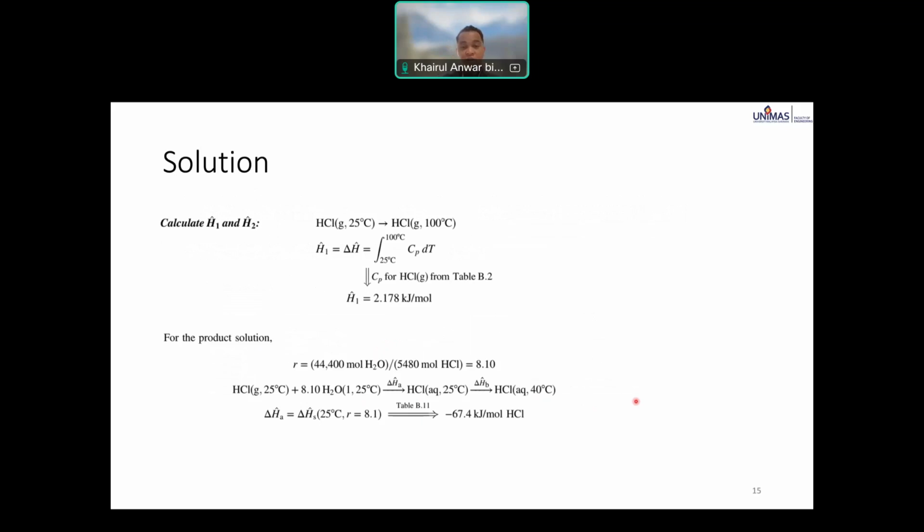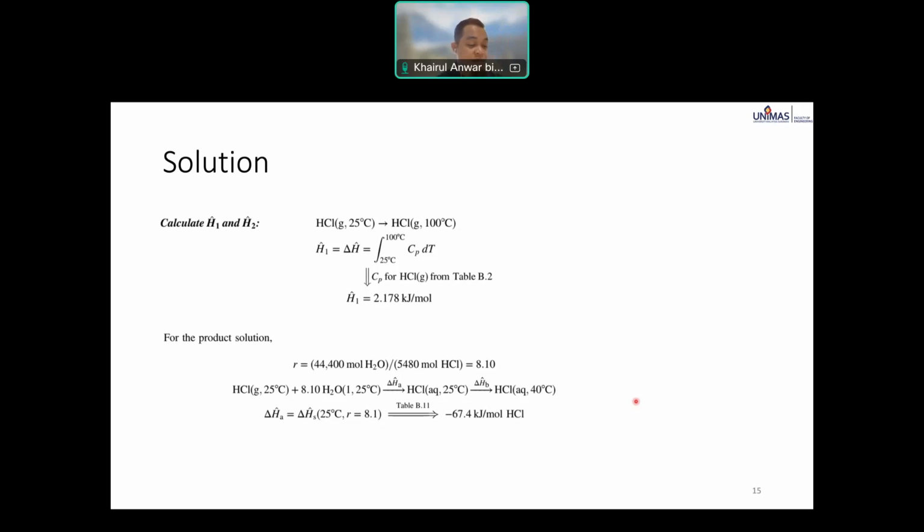For H1, it's the integral of Cp dT based on Table B.2. You need to do some integration for HCl.